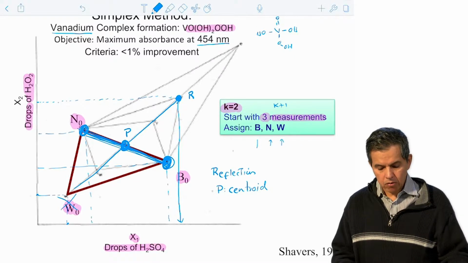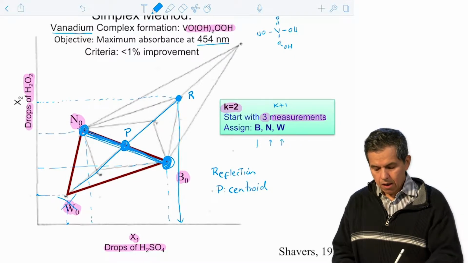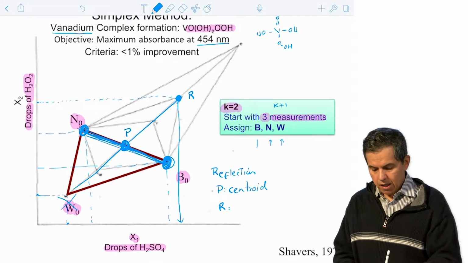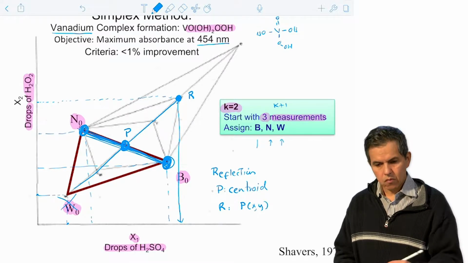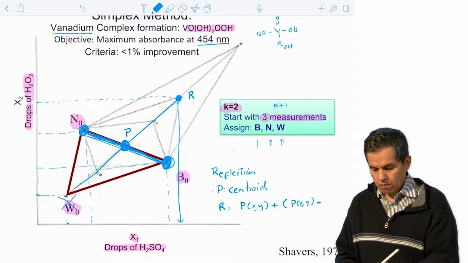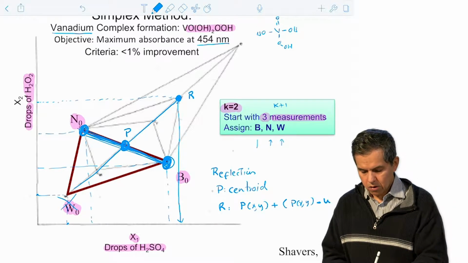So the reflection, or point R, is calculated by taking the coordinates of P, the X and the Y, and then adding the distance between P's X and Y and the coordinates X and Y of the worst point.